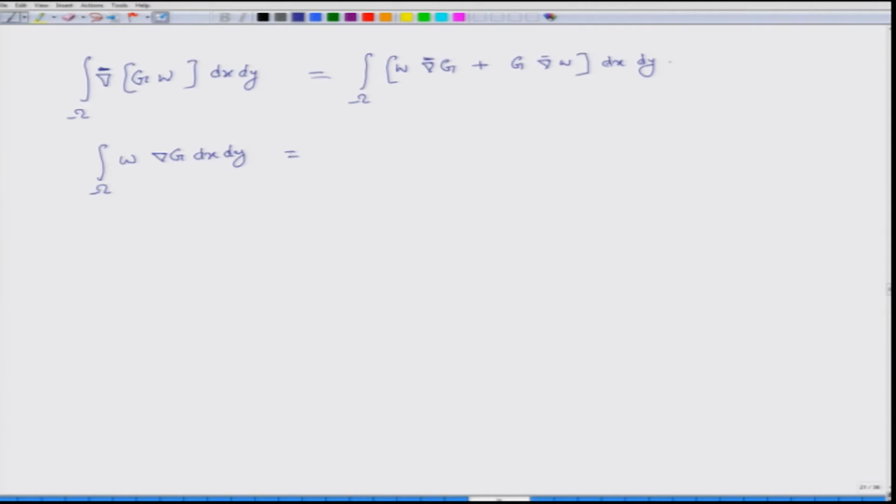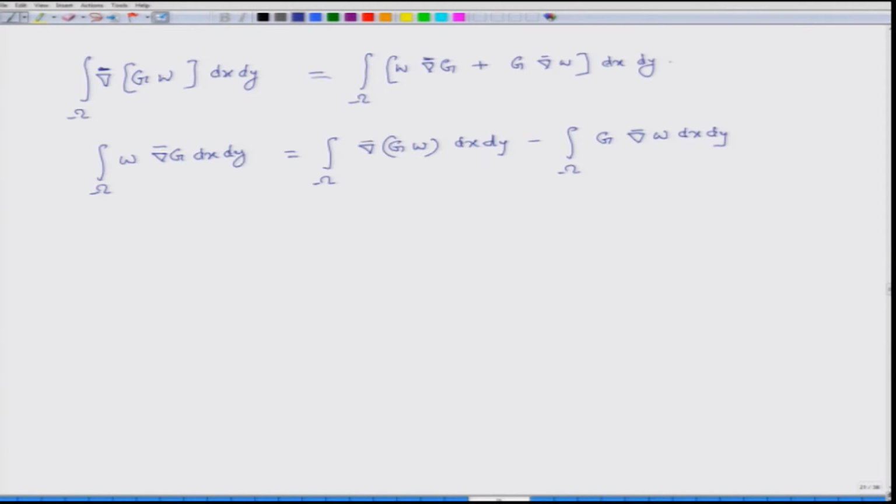So, I can write this as the integral of w times gradient of g dx dy over omega equals the integral of the gradient of g times w minus the integral of g times the gradient of w dx dy. This is equation A 1.